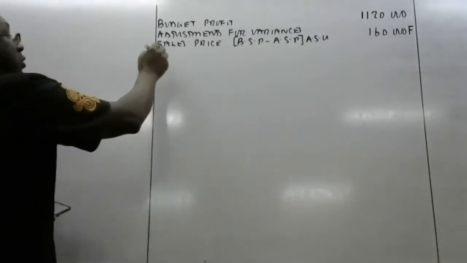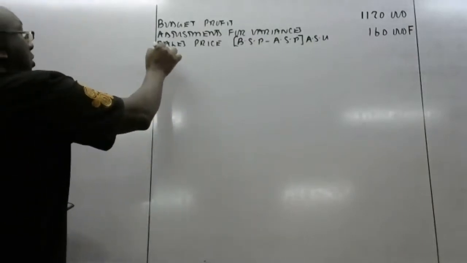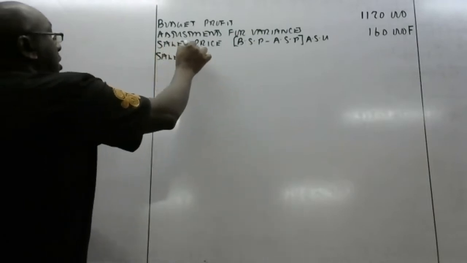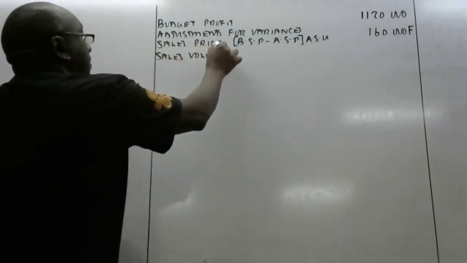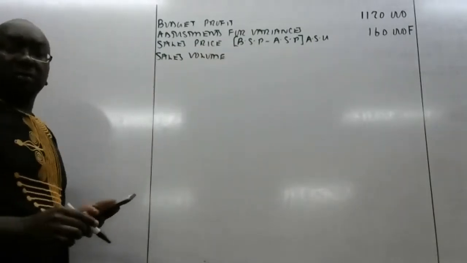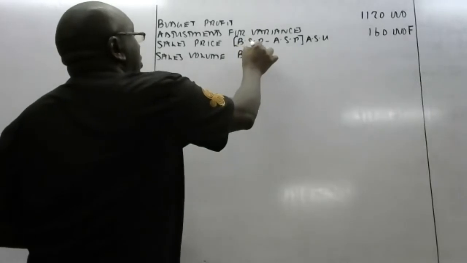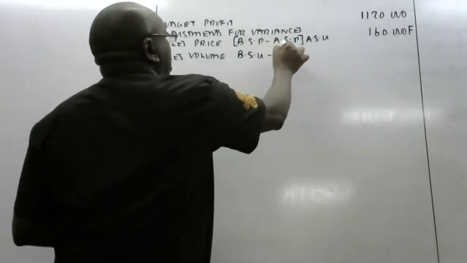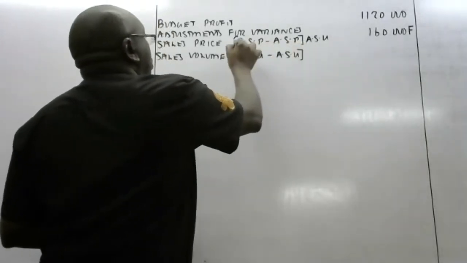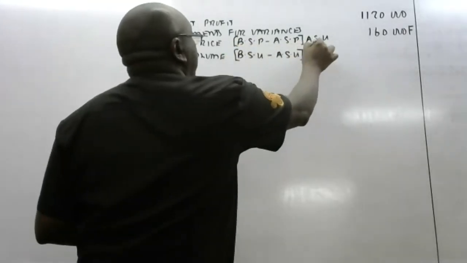Okay, then the next one now is sales volume. Sales volume is supposed to be given as budget sales units minus actual sales units, and you multiply by the standard contribution margin.